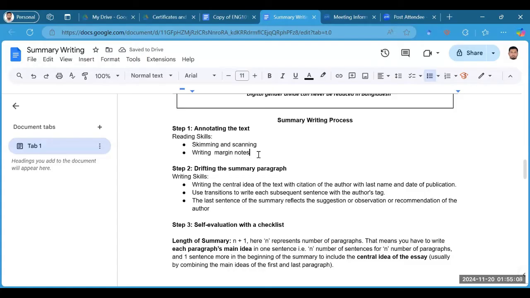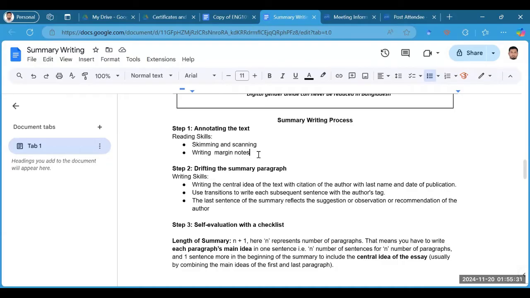In the second step, you have to start drafting the summary paragraph. And here you need some writing skills. For example, you first begin the summary with the central idea of the whole text, with appropriate citation of the author, with his or her last name, and the date of publication.